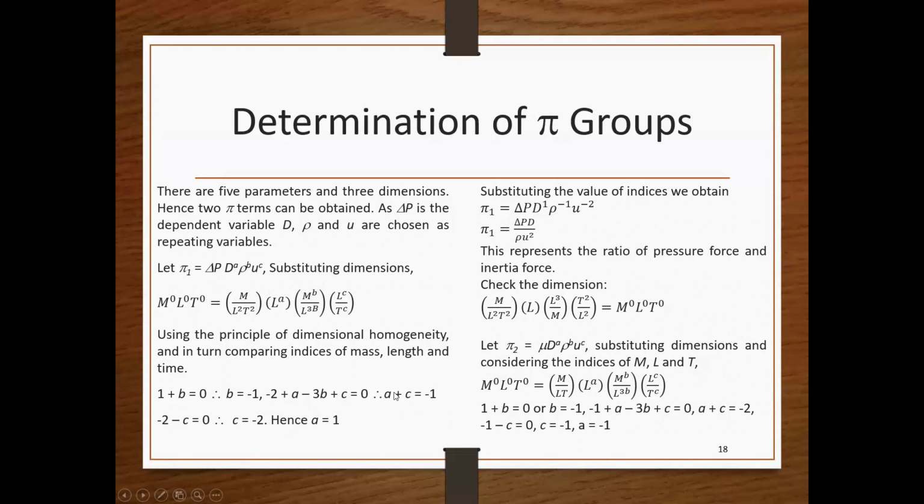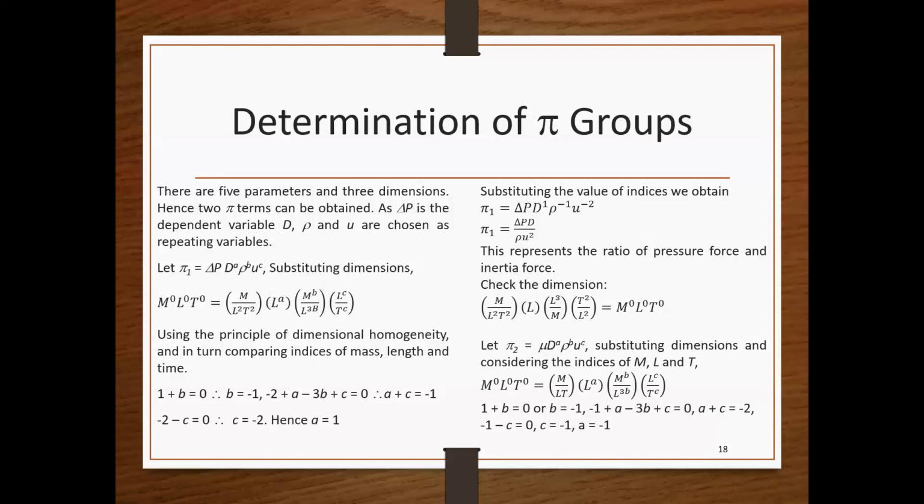Substitute it here, and a is equal to 1. So substituting the values of the indices we obtained, pi 1 is equal to delta P, D exponent 1, rho exponent negative 1, U exponent negative 2. So pi 1 is equal to delta P D over rho U squared.